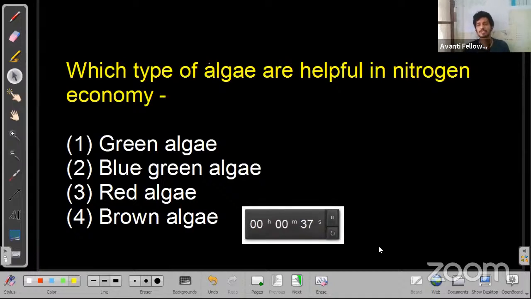Which option? Lokapani, if it's not visible, put a message in the chat box. No issue. Last 15 seconds. Akshay, I can do that.